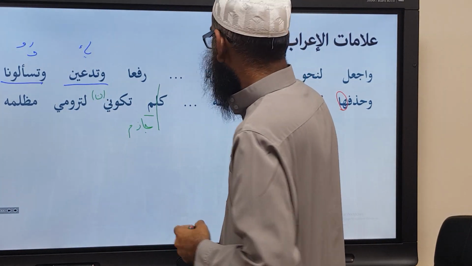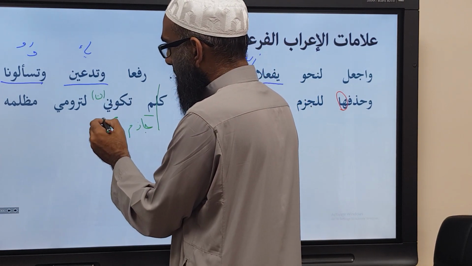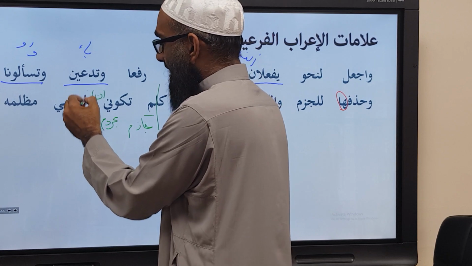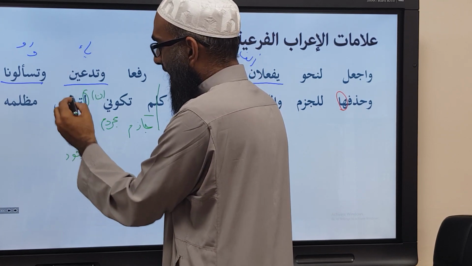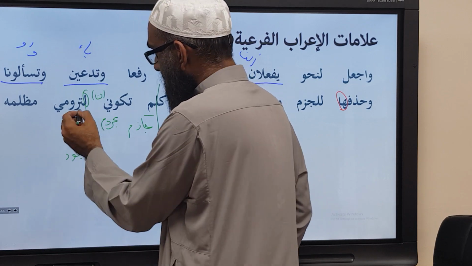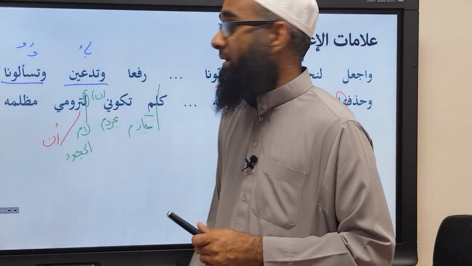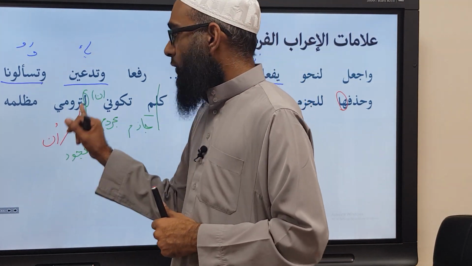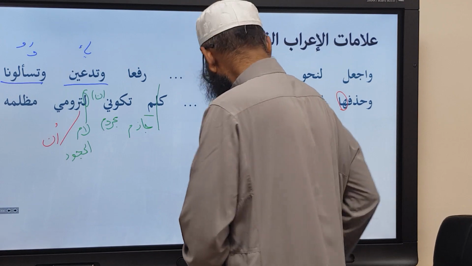Okay? And then تكوني مجزوم, so the mudari' is majzum by the removal of the noon. Lam is lamul, what do you call it? Lamul juhud. And after lamul juhud, what do you have mahzuf? Muqaddar? An. So lam takuni litarumi madhlama: you were not such that you would intend to do wrong. Madhlama is evil, wrong, oppression.